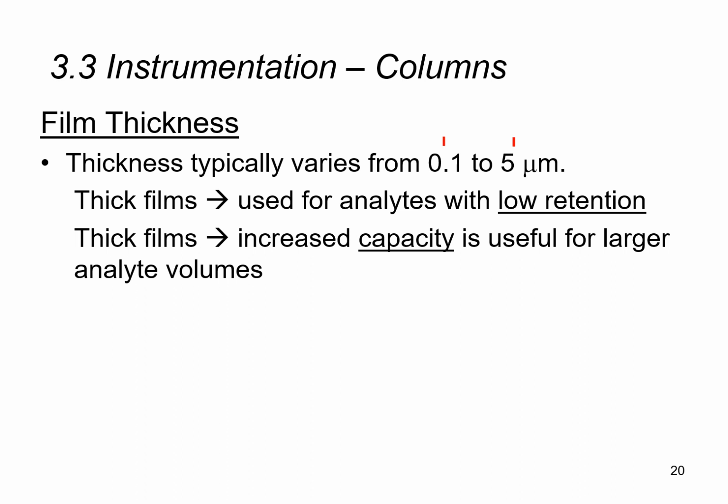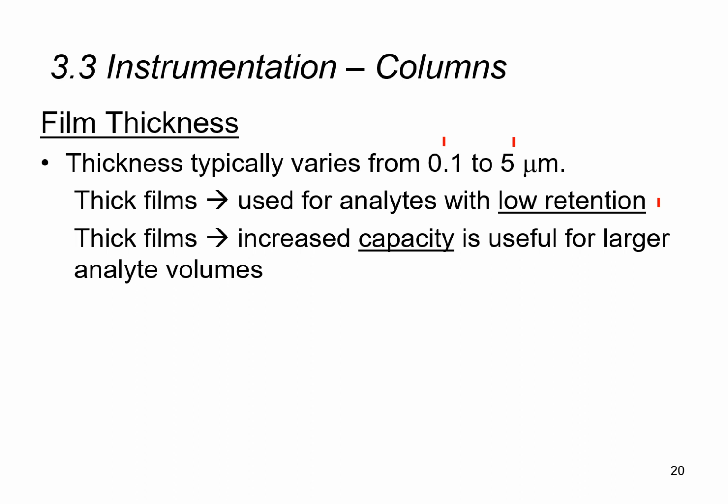So how do we decide what thickness of films to use when we want to use a column for a particular analysis? Well, this decision is mainly based on whether the chemical components that we are looking to analyze have high retention or low retention. So for example, if analytes have low retention, it means that they do not really like to interact with the stationary phase very much.